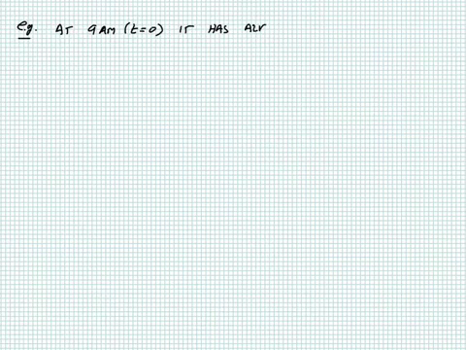All right, so for example, let's say at 9 a.m., and we'll call 9 a.m. t equals 0 hours, it has already snowed three inches.